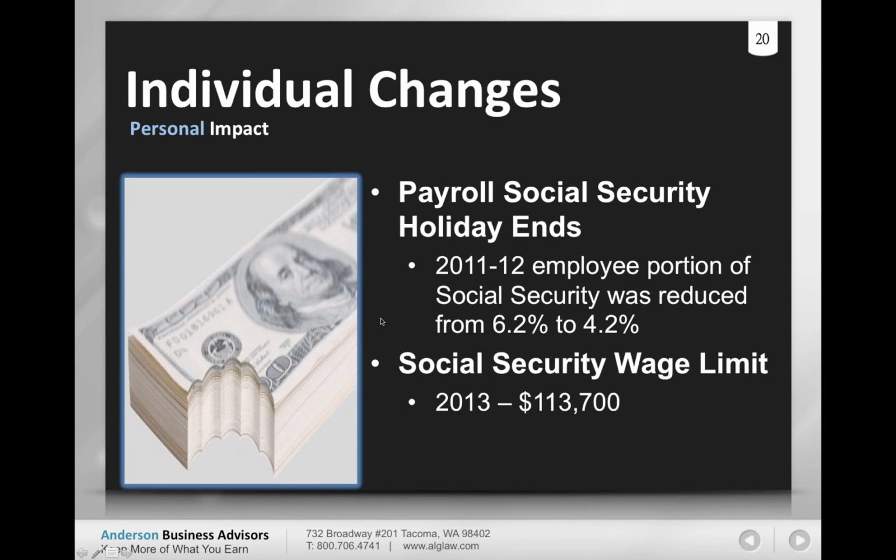Okay, with regard to some of the individual changes, things that we're looking at, remember the right to work credit? You had it a couple years ago for 2 years. It would pay you either $400 or $800 depending on whether you did a single or married filing joint return.